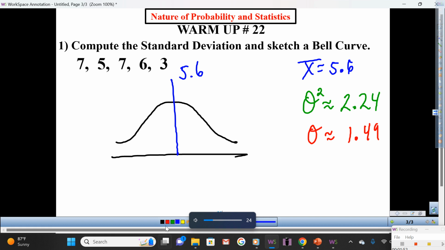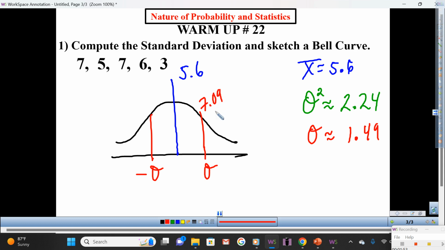Our standard deviation is here and here, one up and one down. So it should be at 7.09, yes? And 4.11, yes? So our normal range is all the way from 4.11 to 7.09. Hands if you got something like that. Thank you for sending that in.